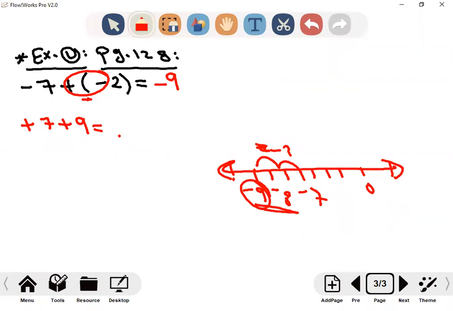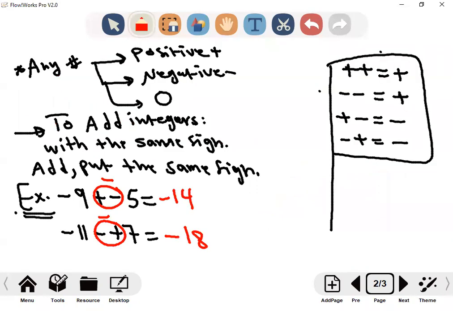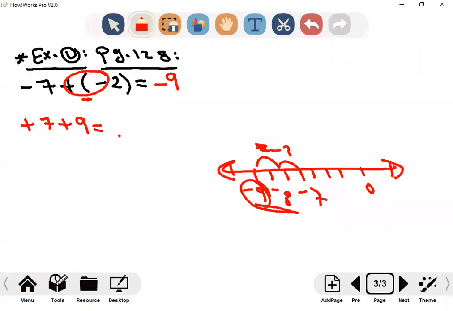What did the formula say? To add integers with the same sign, add and put the same sign, right? So let's add these 2 integers. 7 plus 9, 16. Put the same sign. What's the answer? Plus 16, right? So here it's normal adding.